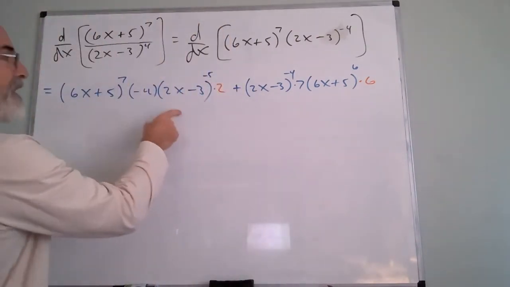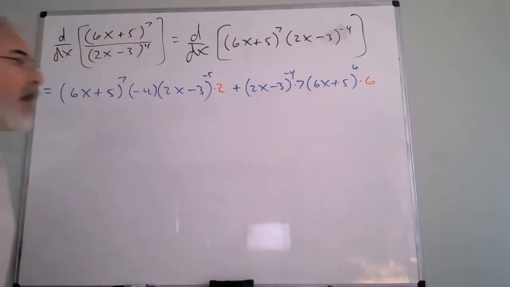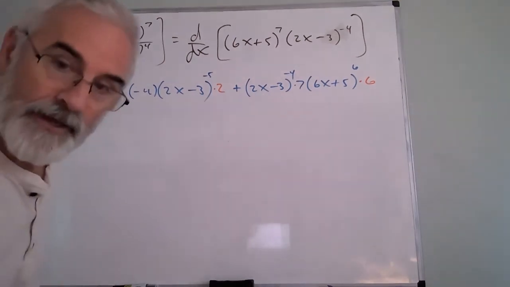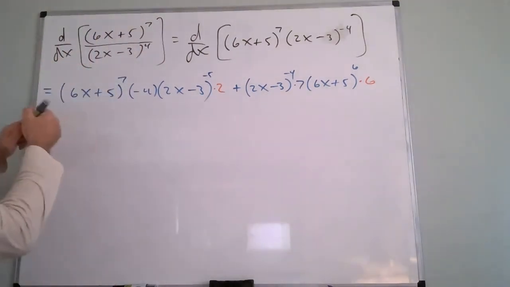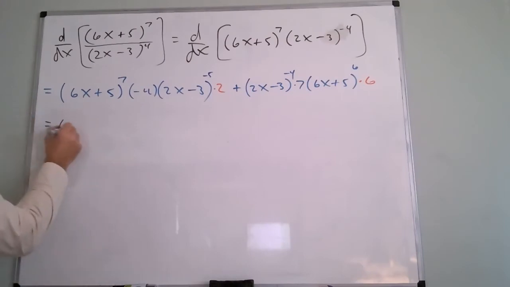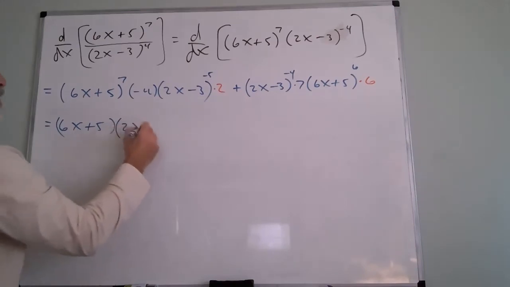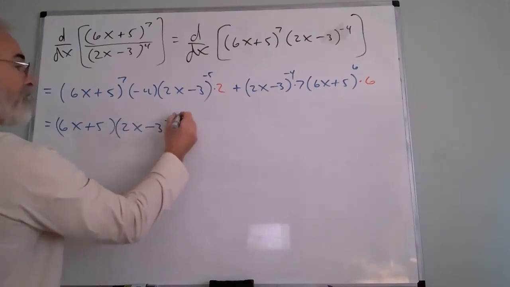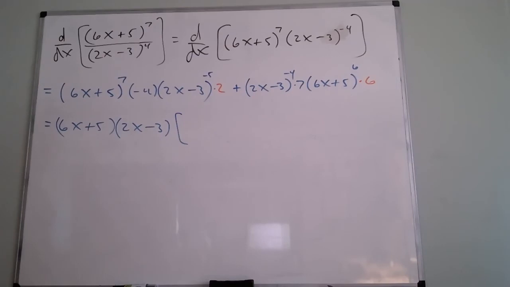First times derivative of second, second times derivative of first. What I don't have is a useful, workable answer yet, because I still need to factor out all the common factors. So I'm going to have a 6x plus 5 raised to a power, and I'm going to have 2x minus 3 raised to a power, and then I'm going to have a bunch of stuff, the junk.